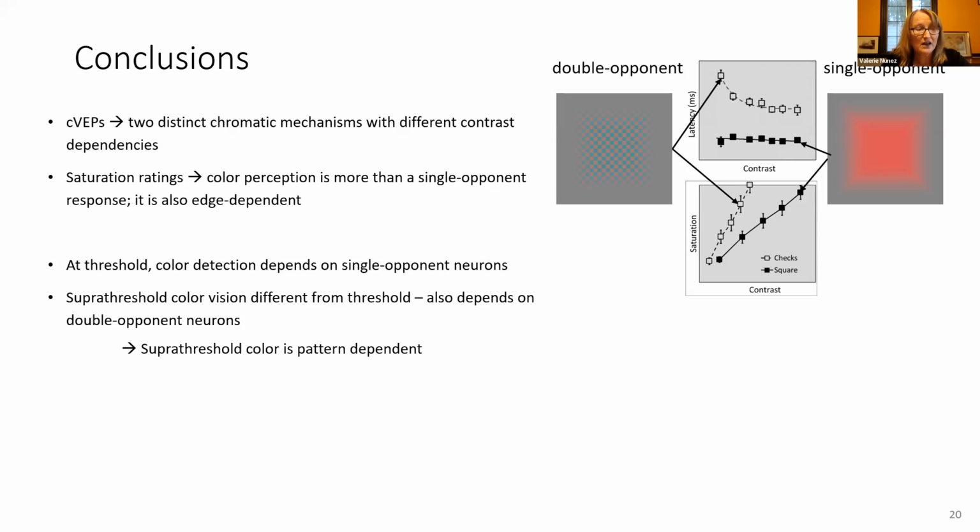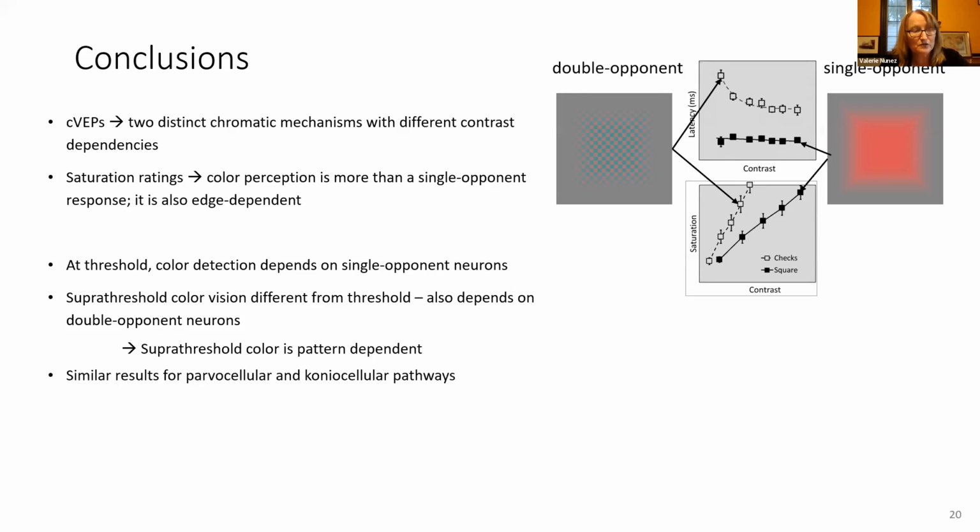Color and pattern are linked inextricably in human color perception. The combined contribution of low-pass single opponent and band-pass double opponent neurons to perception ties in with the work of Dixon and Shapiro, who suggested that the perception of the dress was based on individual variations of how the visual system extracts low and high spatial frequency color content from the environment.